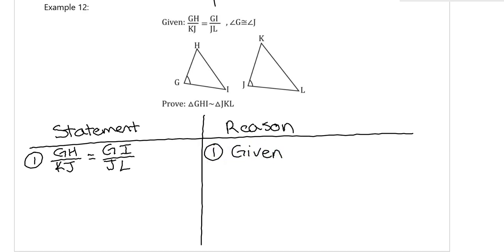I'm going to draw this in the picture. GH and KJ go together. GI and JL go together. If it's not in the picture, I always like to make marks. Visually seeing what's there is helpful.